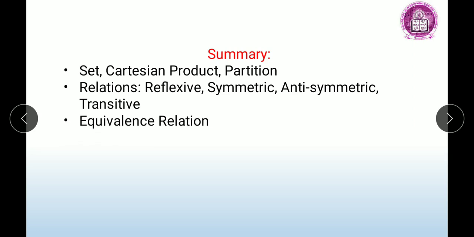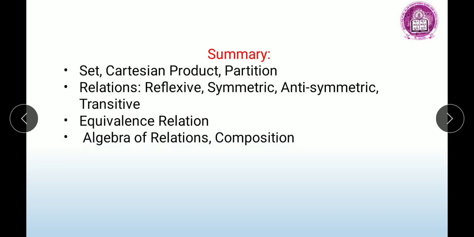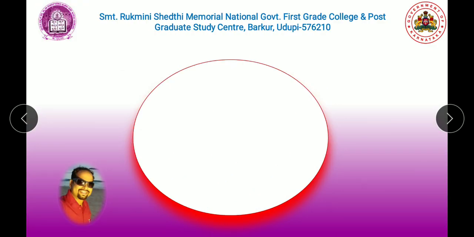Then equivalence relation, of course, we are going to discuss in the next video lecture. Algebra of relations and composition we have discussed: how to find the composition of two relations, and what the union and the intersection are and how to calculate the differences. Yes, here we end this video lecture.